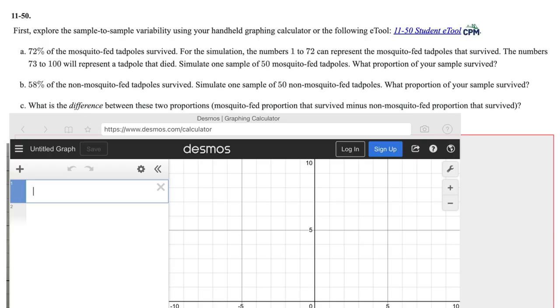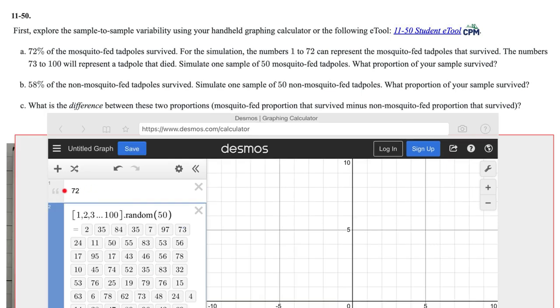Simulate one sample of 50 mosquito-fed tadpoles. What is your proportion that survive? Then we do another sample, with 58% surviving, another sample of 50. What is your proportion that survived there? Let's take a look at those two in Desmos.